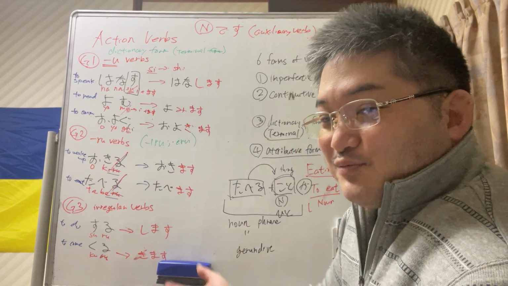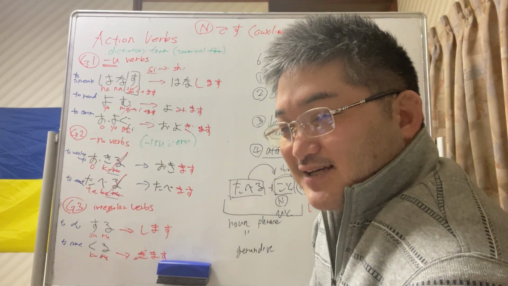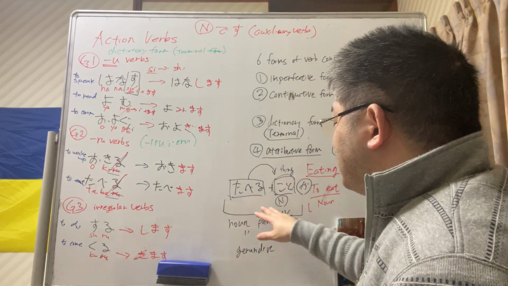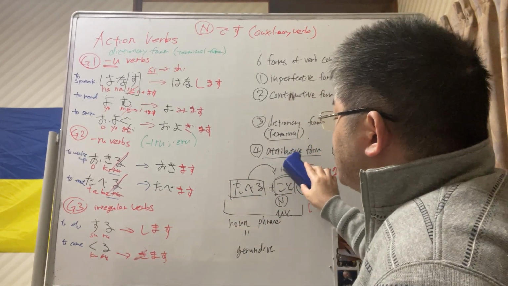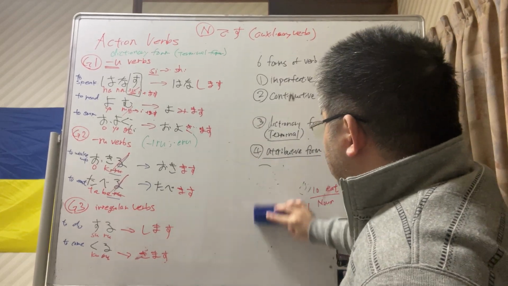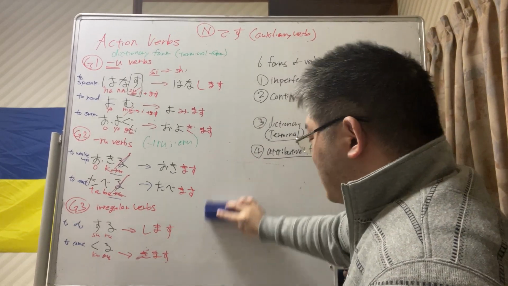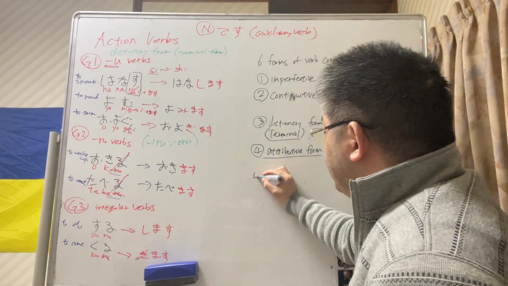Or from a third person perspective, that guy is known to eat insects. So this is an attributive form, and we will get back to this later when the time calls for it. But now introducing the fifth one.